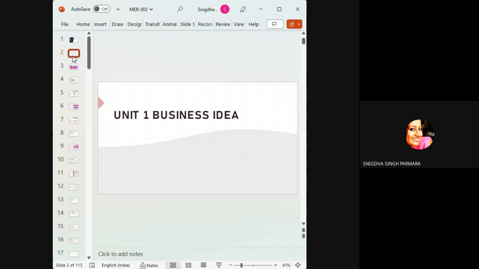discusses what kind of business ideas, or what are the various sources from which business ideas could be generated, how to scan those ideas and screen those ideas before commercializing those ideas, what steps are to be undertaken by the entrepreneurs.